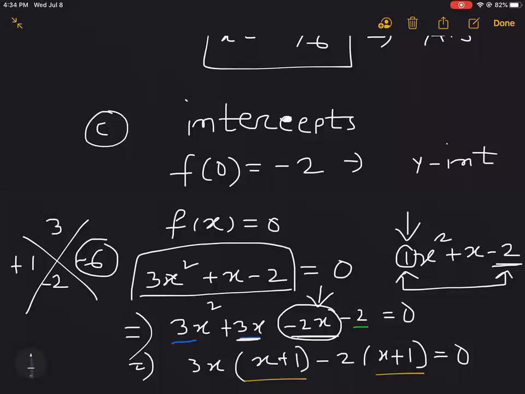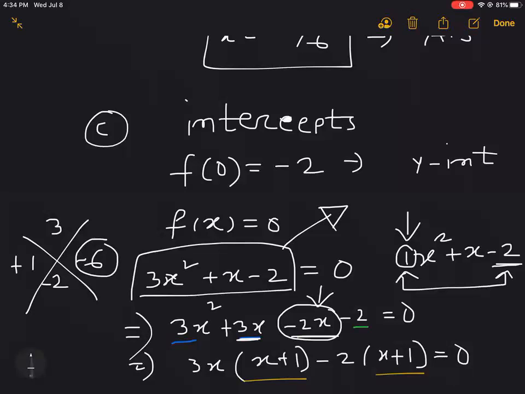How can you calculate that? So the idea is, if you have a polynomial, straight away you can say that, hey, the set of all real numbers will be my domain, right? It's a polynomial, so you don't even need to calculate it.